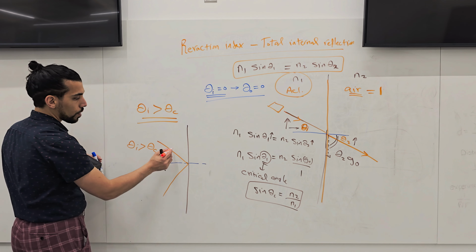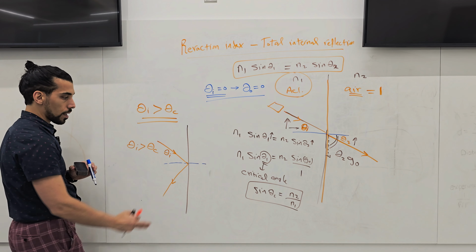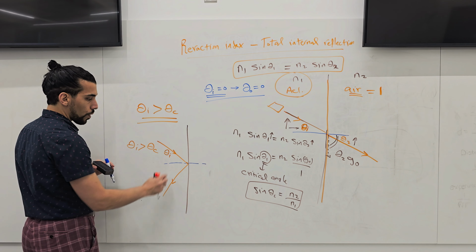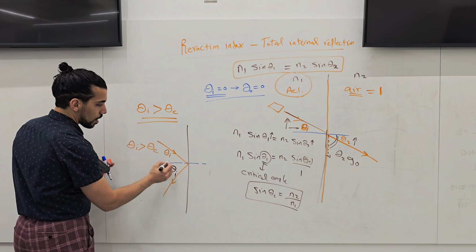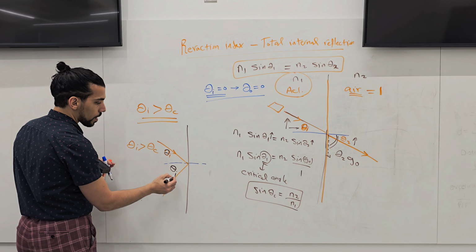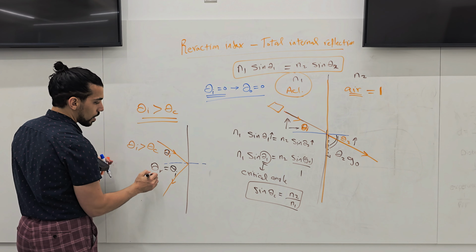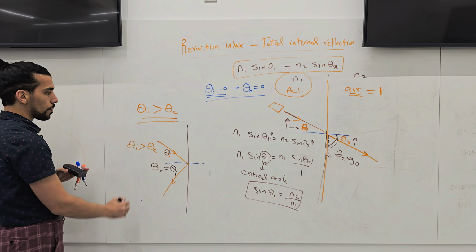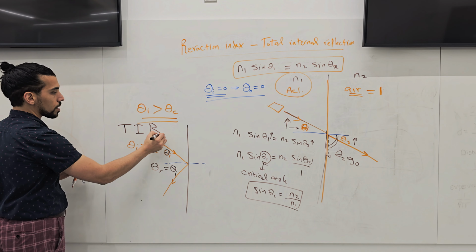The ray is going to go back into the same medium with the same angle, so theta reflected is going to equal theta incident, because we have total internal reflection.